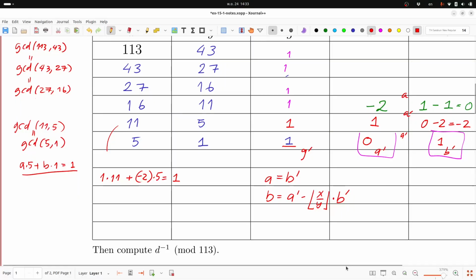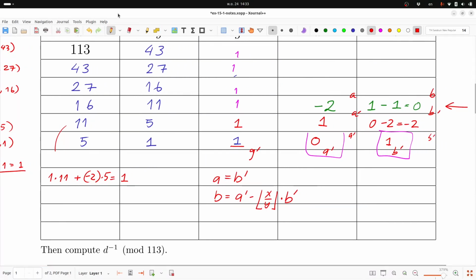So okay, this is minus 2, and then this is gonna be a, so it's gonna be 1 minus the floor of x over y, which is 1, times b prime, but b prime is minus 2, right? So it's gonna be minus 1 times minus 2. So it's gonna be 3.